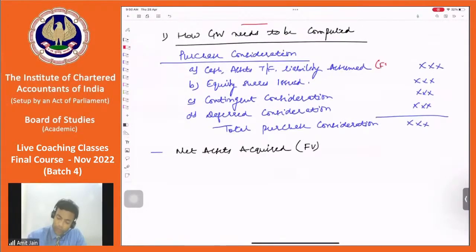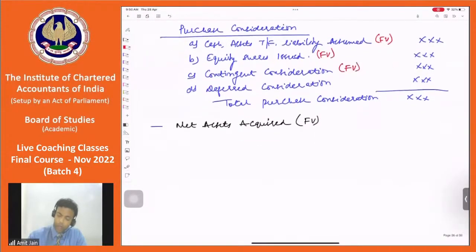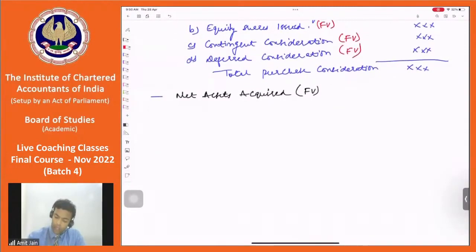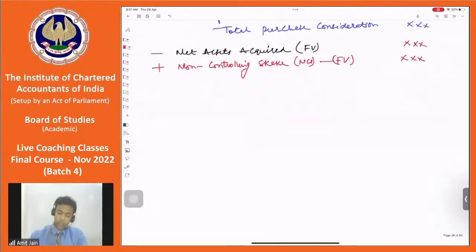So net assets acquired will be at fair value, right? Then what we will do, we will add non-controlling stake, NCI, right? This will also be at fair value, correct?